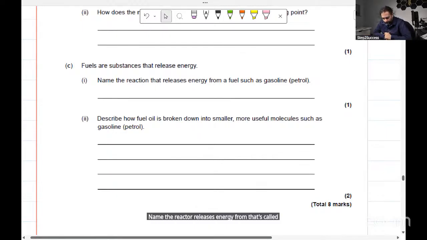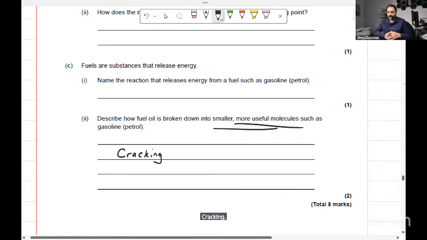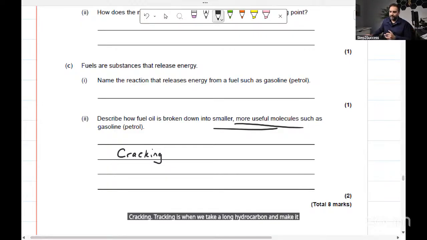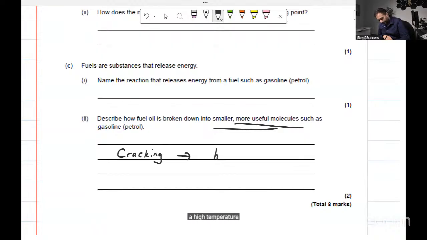Okay, describe how fuel oil is broken into smaller, more useful molecules. This is testing you on cracking. Cracking is when we take a long hydrocarbon and make it into smaller ones. The way we do that is by using a high temperature, heat, and a catalyst.